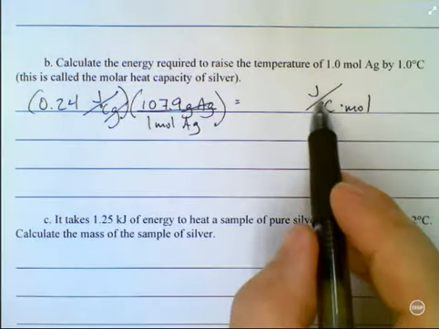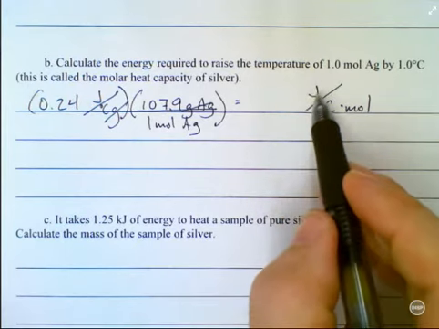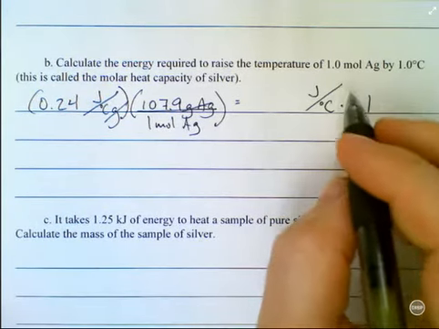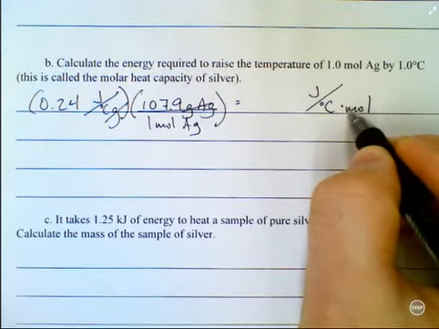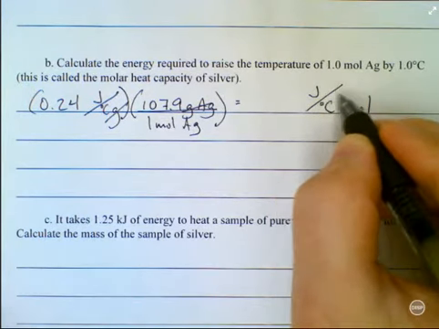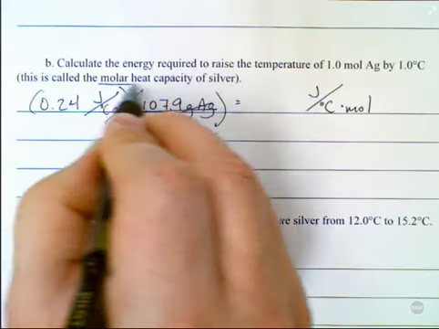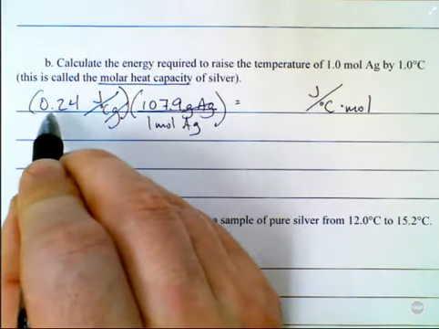So what this is saying is, whatever number I come up with right here will be an amount of heat energy in order to raise 1 mole of the substance 1 degree Celsius. That is known as molar heat capacity. And we're calculating it for silver, so we use this 0.24.